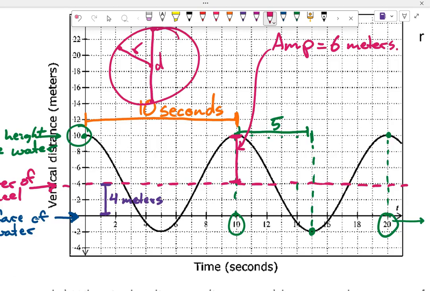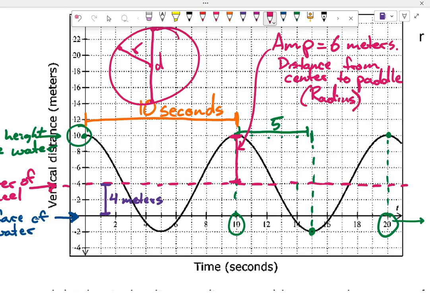Center of the wheel to the paddle, right? Or to the edge of the wheel, outside of the wheel, right? So any of the paddles. So it's definitely the distance from center to paddle, which, as Lauren said, is the radius.